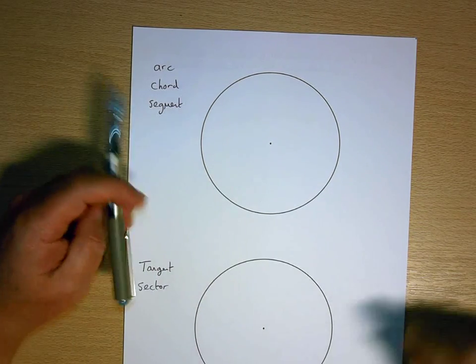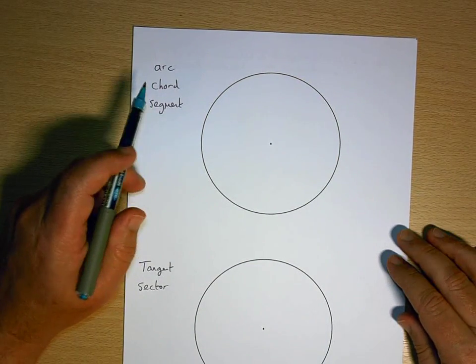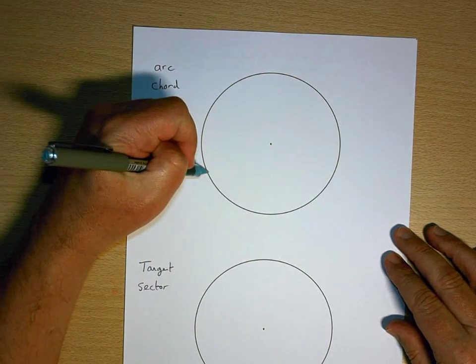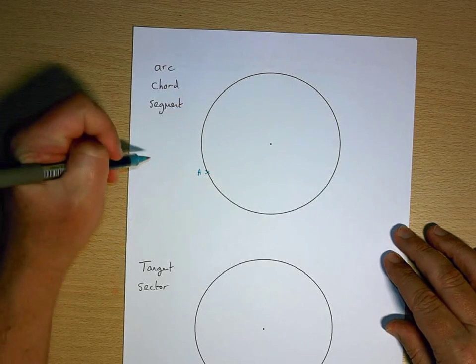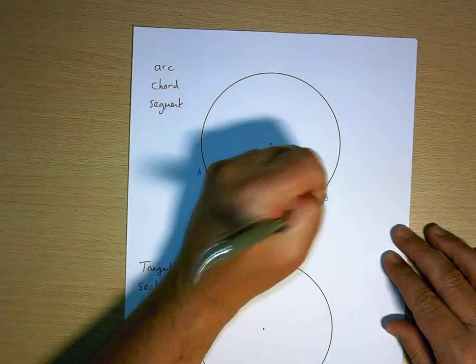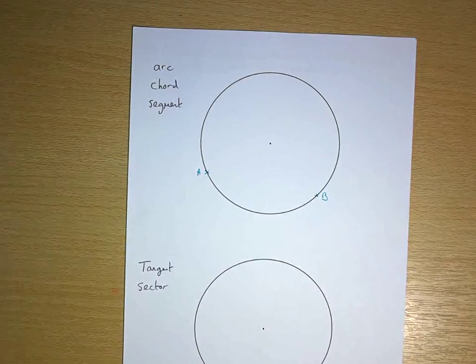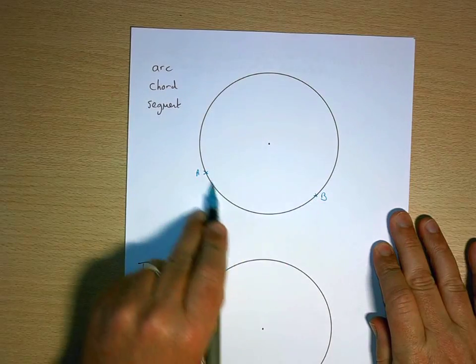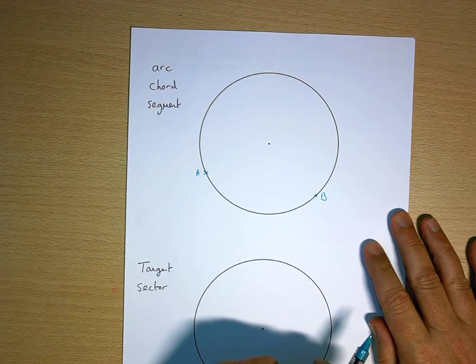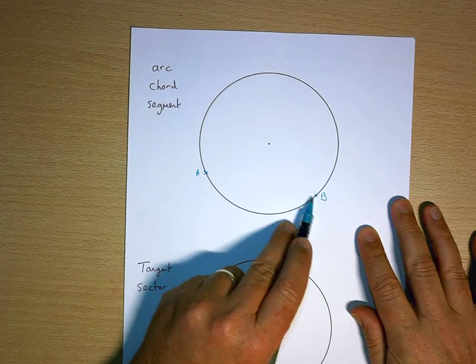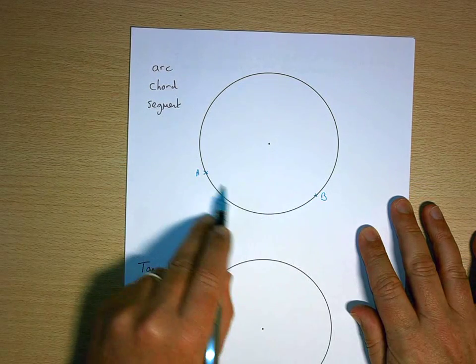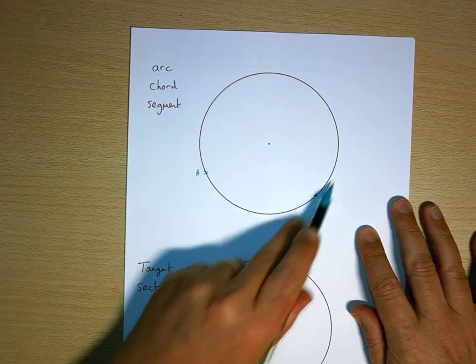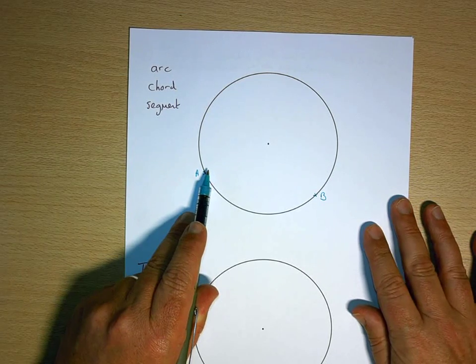So the arc on a circle would be, if we had 2 points on the circle, let's say we had a point there A and a point over here B, then an arc of the circle would be the part of the circumference that joins those 2 points. So there are 2 arcs. There's the smaller one going in this direction, or there's the larger one which is in this direction.